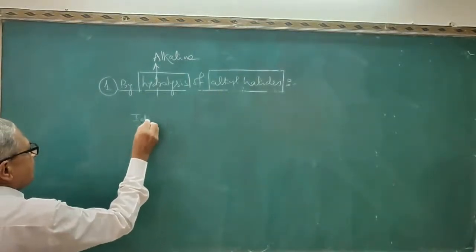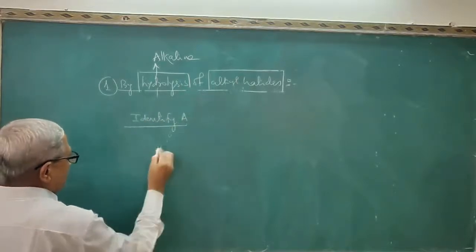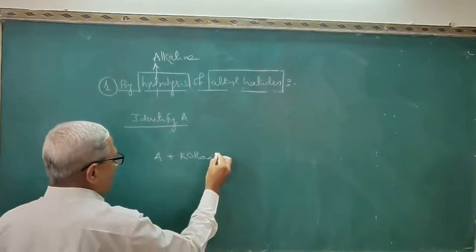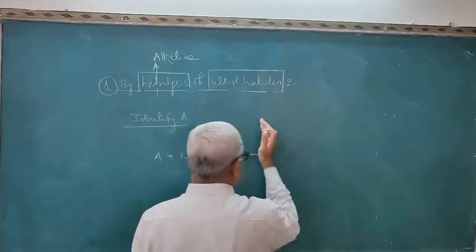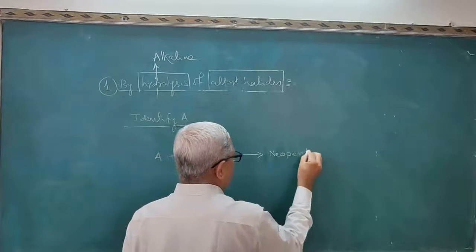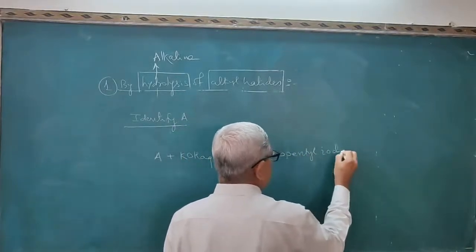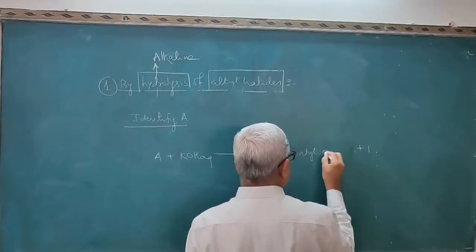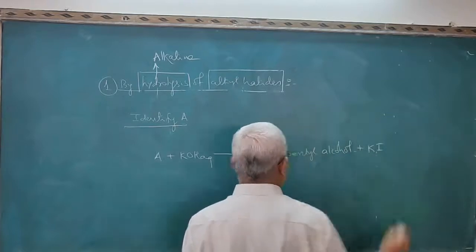Identify A. Here A plus KOH aqueous, you will get neopentyl alcohol plus KI.